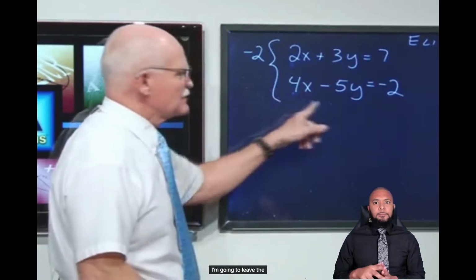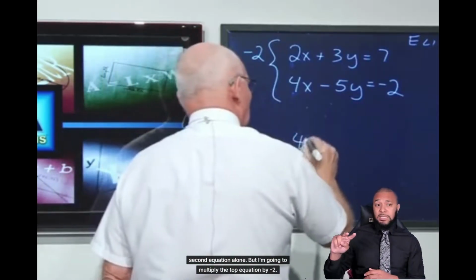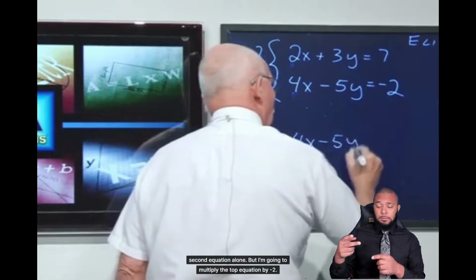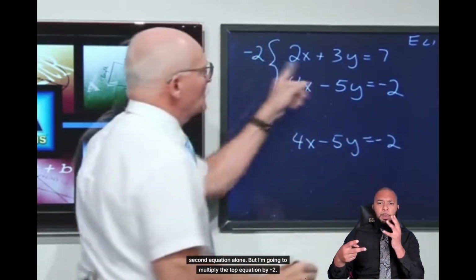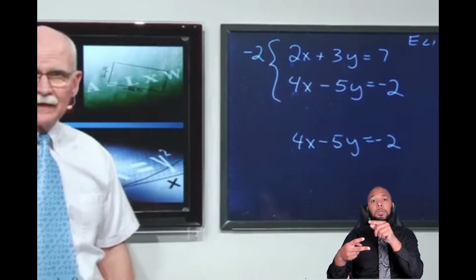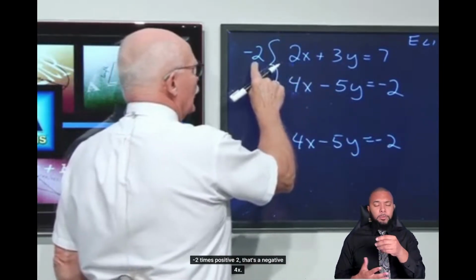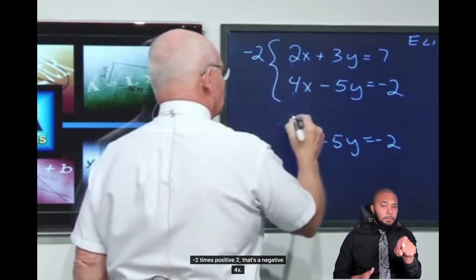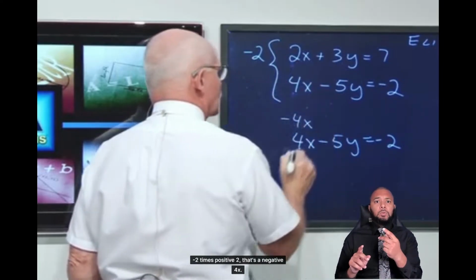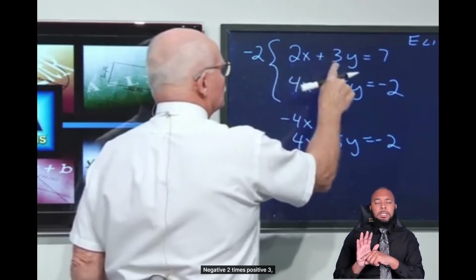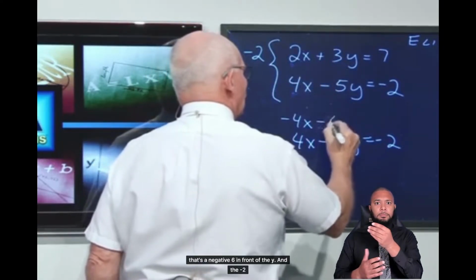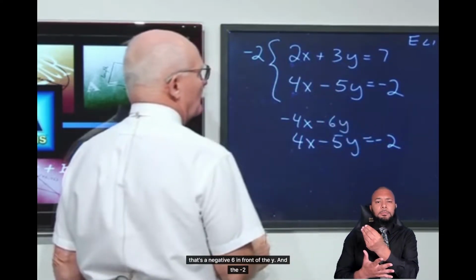I'm going to leave the second equation alone, but I'm going to multiply the top equation by negative 2. Now you've got to use your distributive property. Negative 2 times positive 2, that's a negative 4x. Negative 2 times positive 3, that's a negative 6 in front of the y.